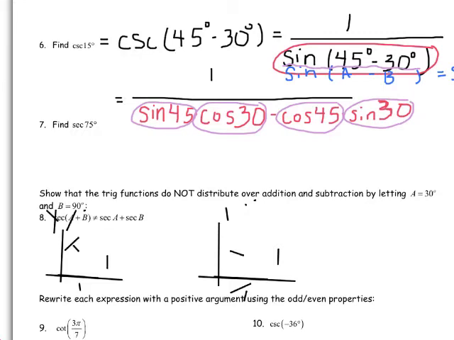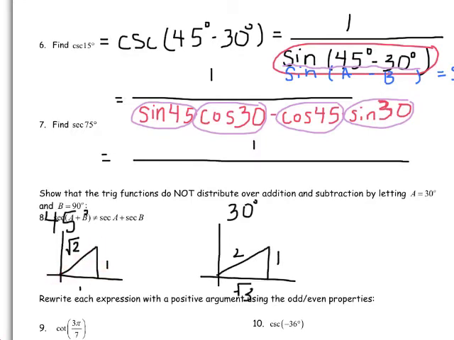So I'm still on number 6. Hopefully you can write a lot smaller than what I'm writing. 1 over, so sine of 45 is equal to opposite over hypotenuse, so 1 over root 2. Cosine of 30 is root 3 over 2, minus cosine of 45, which is 1 over root 2, and sine of 30 is 1 over 2.